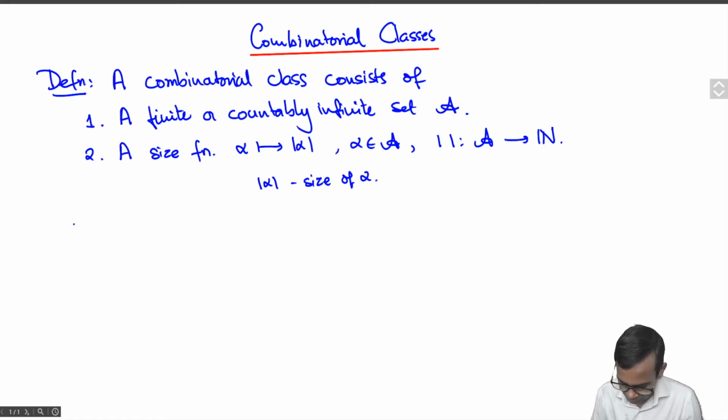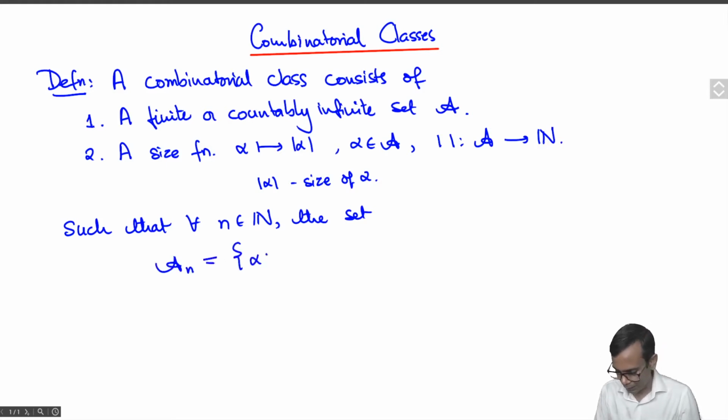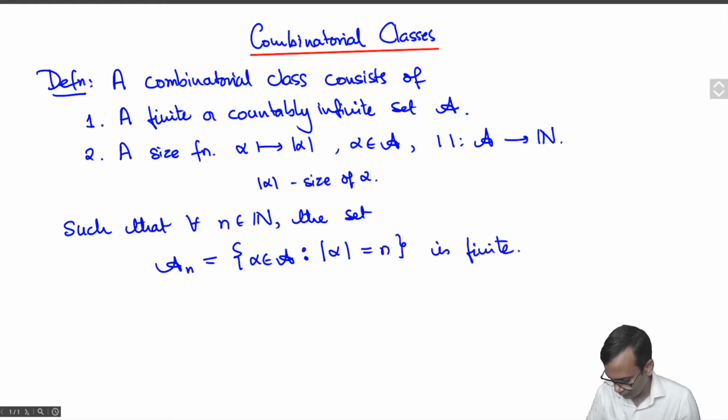And there is one condition: for every non-negative integer n, the set A subscript n, consisting of elements alpha belonging to A such that the size of alpha is equal to n, is finite. In the sense that this combinatorial class allows us to count its objects by size.